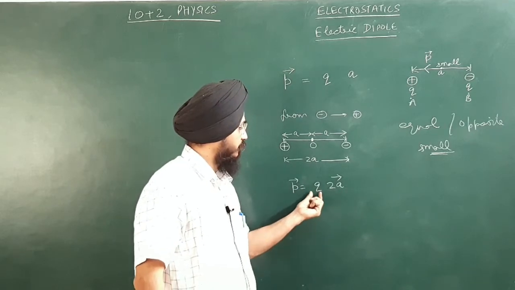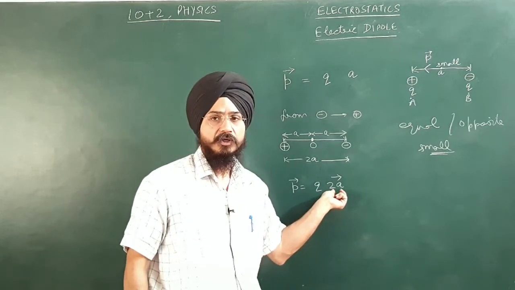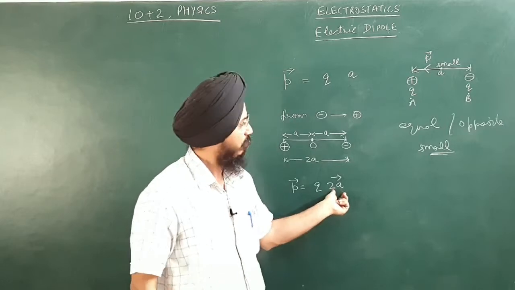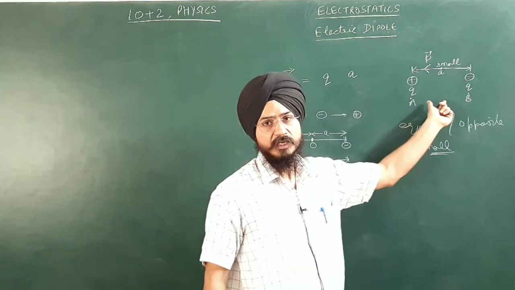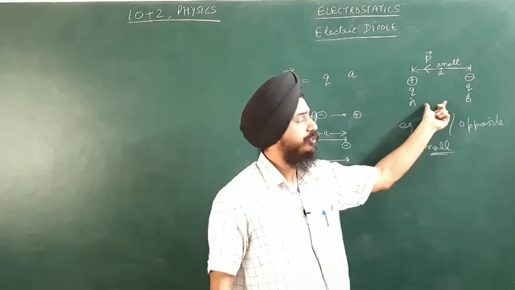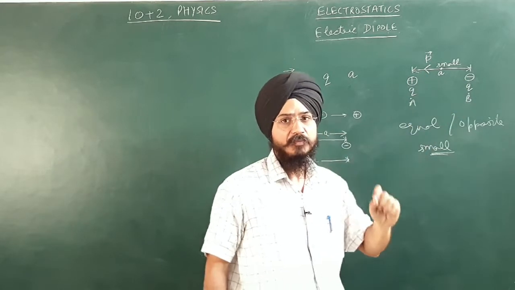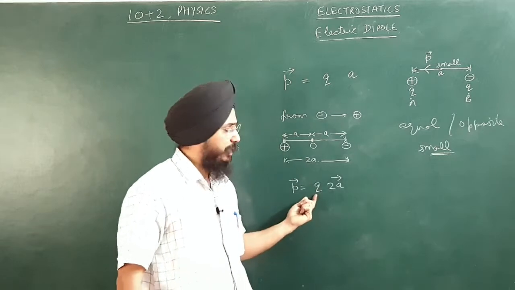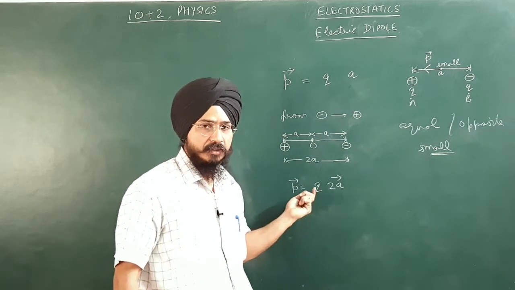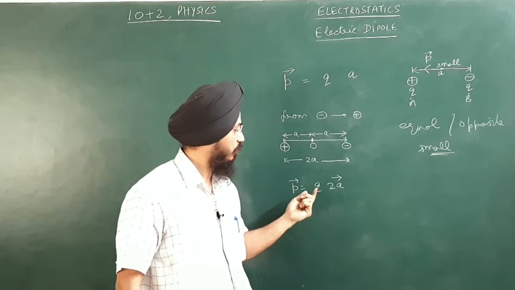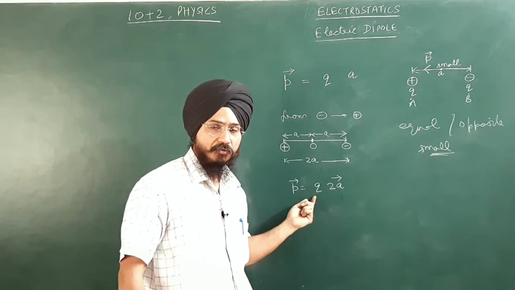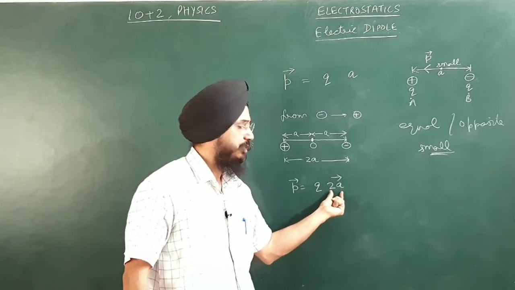So p equals q into 2a is the dipole moment of a dipole. So what is a dipole? It is a system of two equal and opposite charges placed at a small distance apart, and its dipole moment is the magnitude of either charge. Mind it, we will take only magnitude. So magnitude of either charge into the distance between the charges.